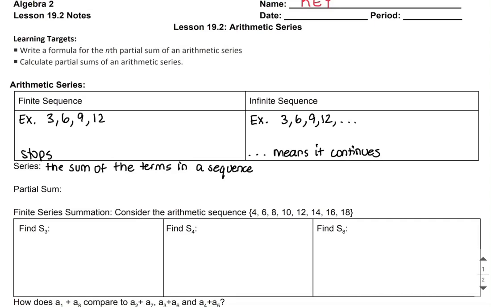So the sum of the first n terms of a series. So if I'm only adding up a certain amount, and we denote that partial sum by s sub n. So s sub n is just a partial sum of just n terms of the series.